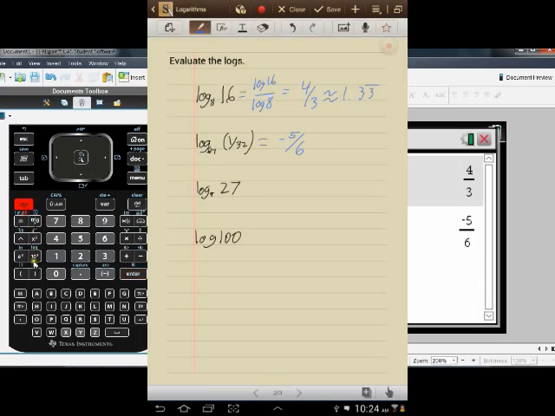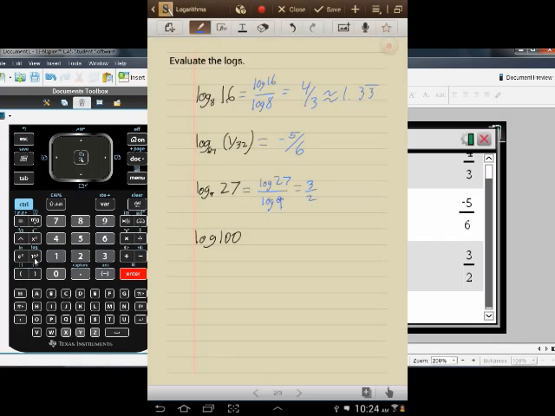If you have a calculator at home, I would definitely suggest working these, making sure you get the numbers I get. And again, if you have a calculator that doesn't let you just type in whatever base you want, you have to use common logs. This would be log 27 divided by log 9. And you get 3 halves.